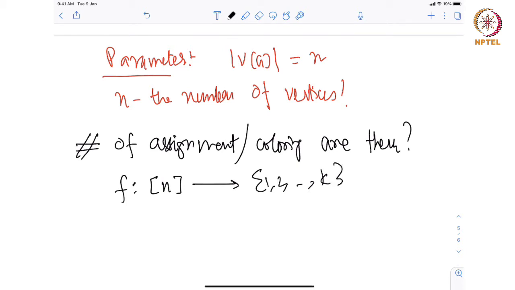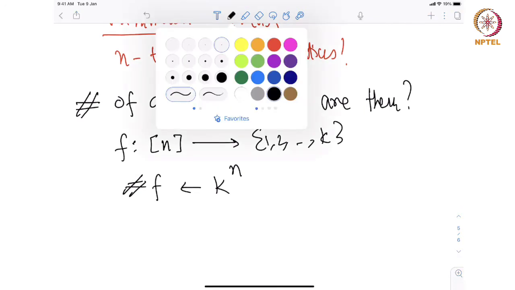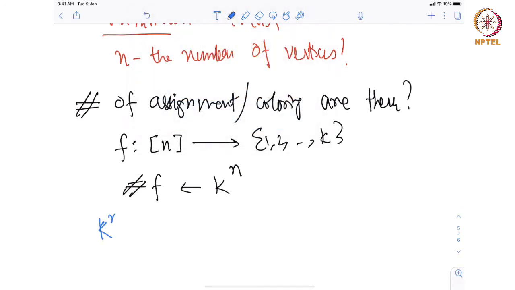So every vertex could be assigned one of the k colors. So the number of such functions is upper bounded by k to the power n. Okay. So you can enumerate each of these functions and check whether they form a valid coloring or not. So one trivial running time of an algorithm could be k to the power n times n to the power O(1).